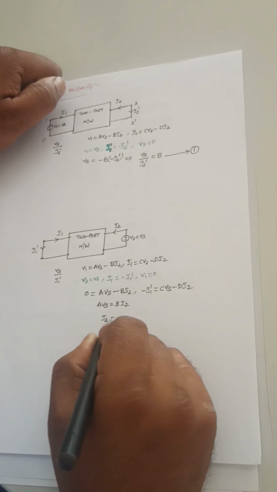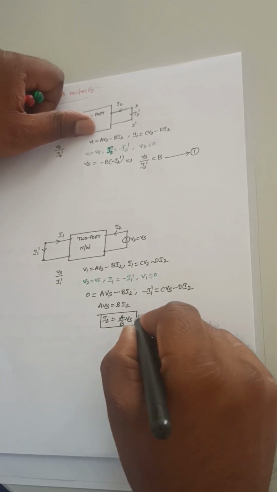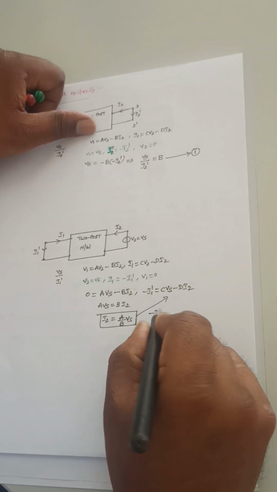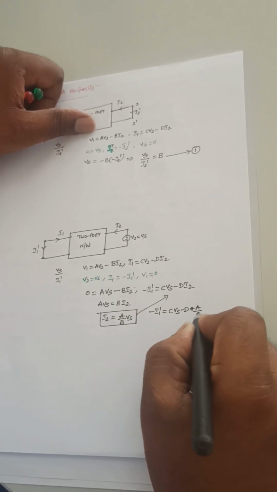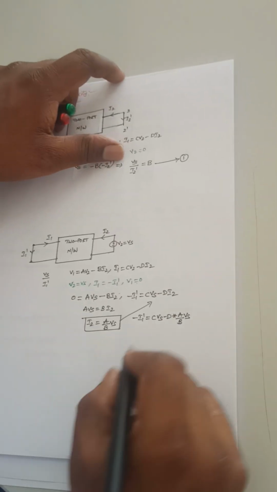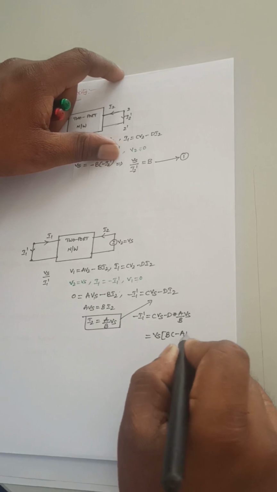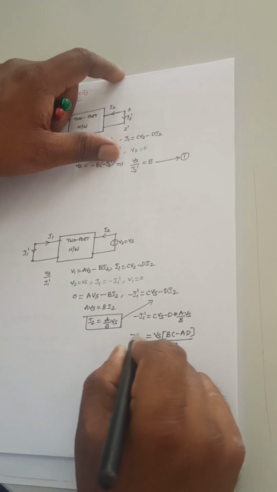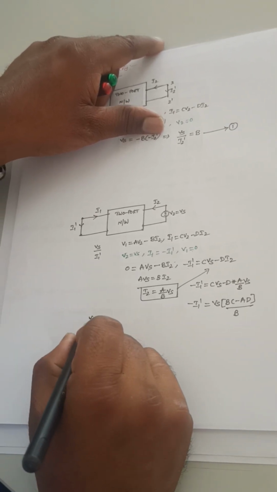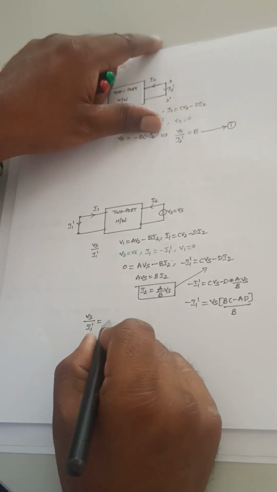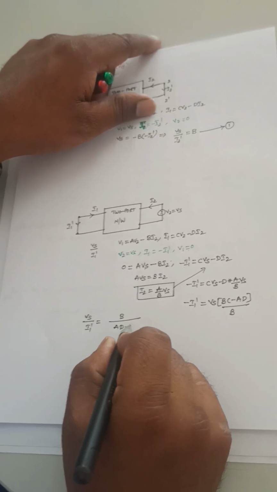So I2 is equal to A by B into Vs. If I substitute this I2 value in this expression, I will get minus I1 dash is equal to C Vs minus D into A by B into Vs. Now if I take Vs as common, Vs times (BC minus AD) divided by B is equal to minus I1 dash. Now what I need to find here is Vs by I1 dash. So Vs by I1 dash is equal to B divided by (AD minus BC).